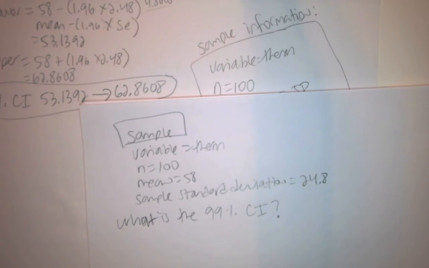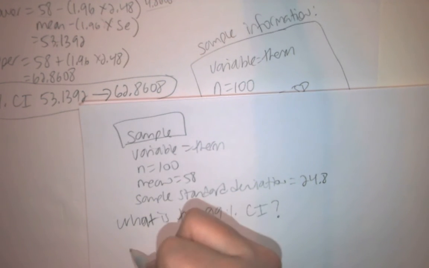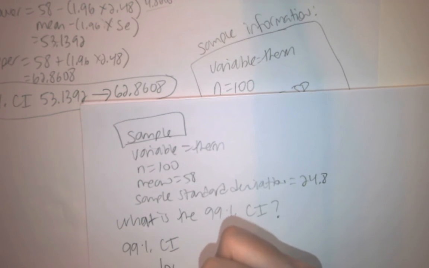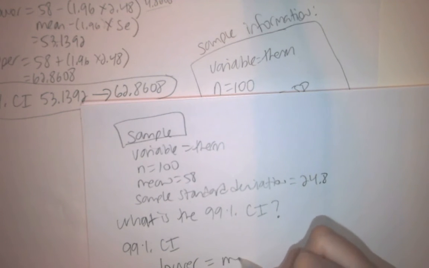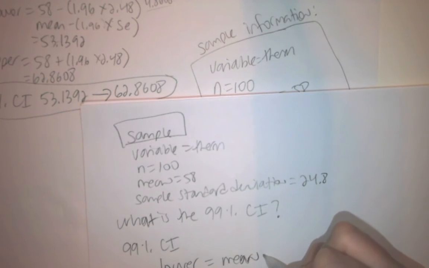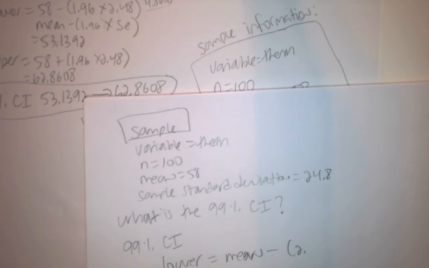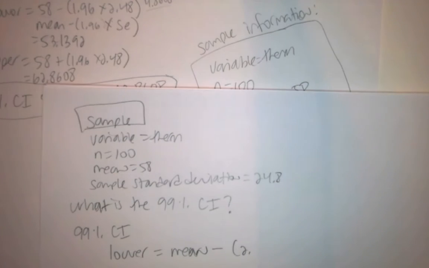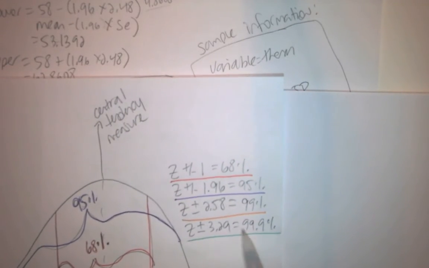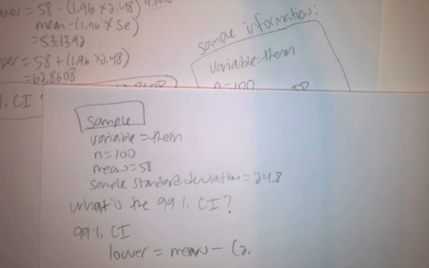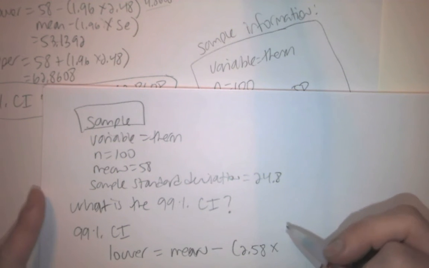For the 99% confidence interval, my lower band is going to be my mean minus, here it's not 1.96, but looking at my little cheat sheet, it's 2.58. So my z-score for 99% is 2.58 times my standard error.